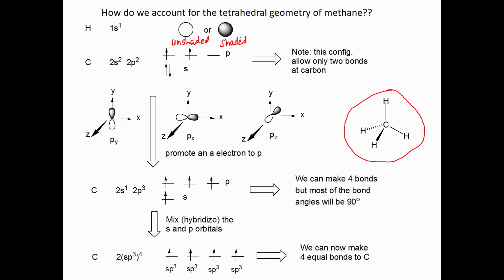Okay, so for example, if we took two unshaded or two shaded orbitals, we would refer to either of these as being bonding interactions.